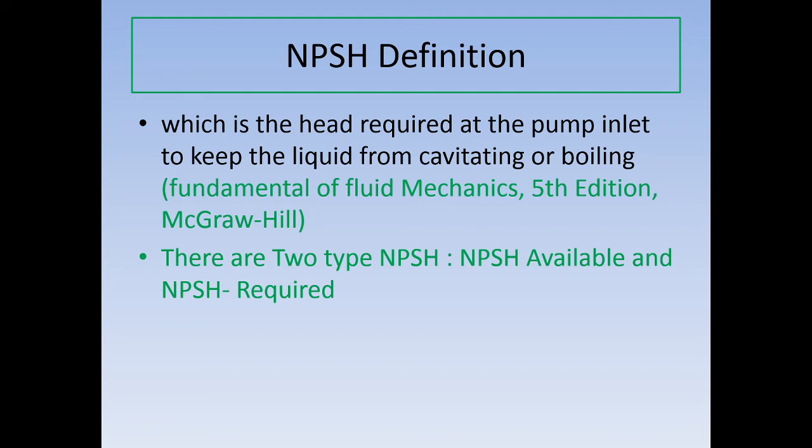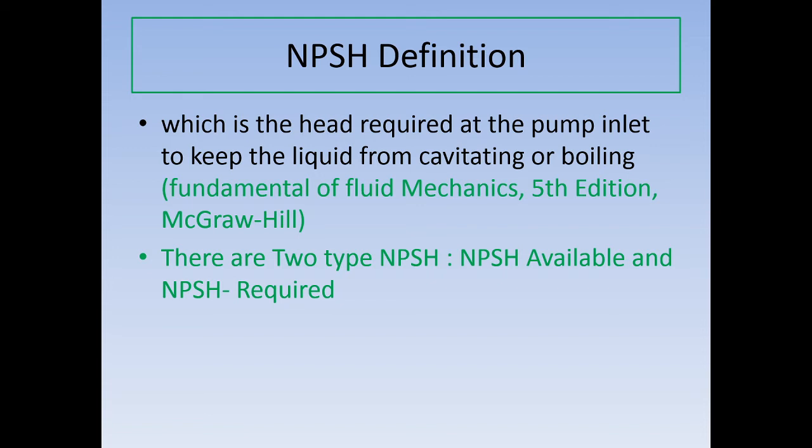Then plus the suction pressure, but this suction pressure is negative because it's getting lower already, and then plus the water's velocity head difference, and minus the environment's vapor pressure at that level, 0.3 meters.